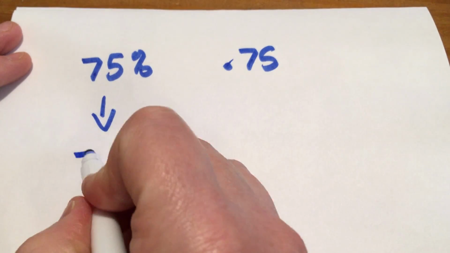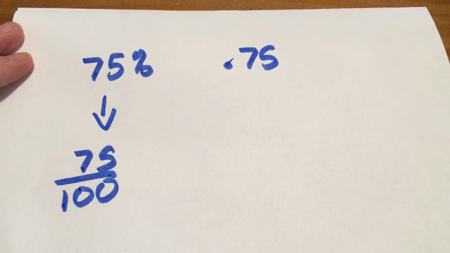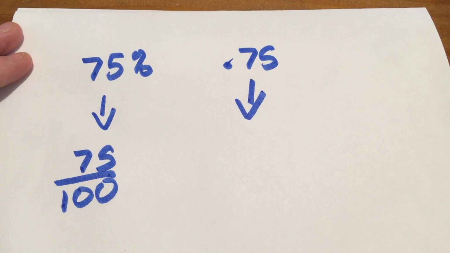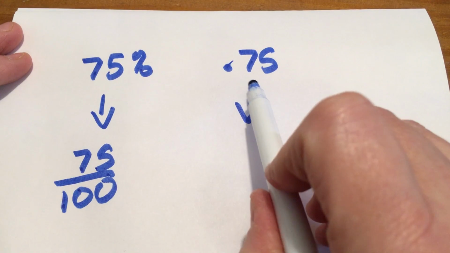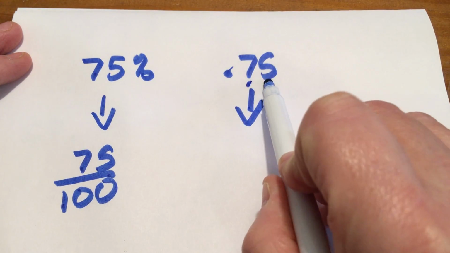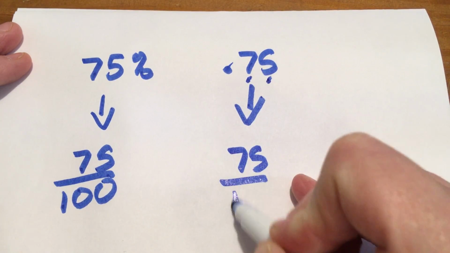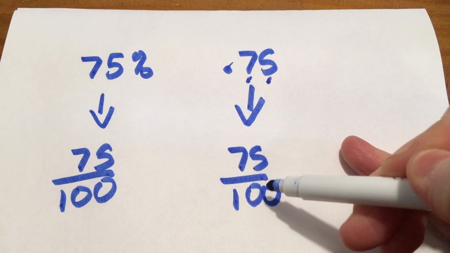So all you have to do is take the 75 and put it over 100 because that's our biggest percent. Now decimals is where kids get confused. It's still easy, but they just tend to forget the simple rule. You just have to count your place values. So this is the tenths and this is the hundredths spot. So we're going to put it 75 over 100 because 75 is in the hundredths place.